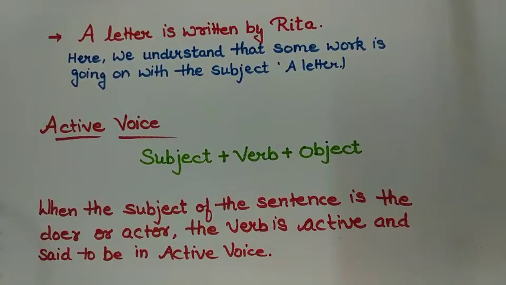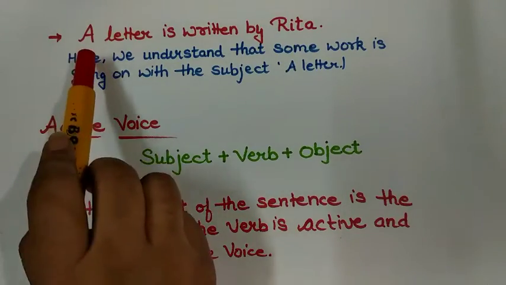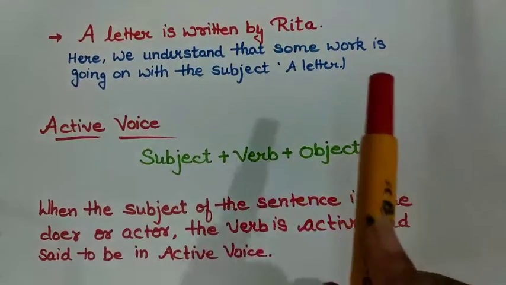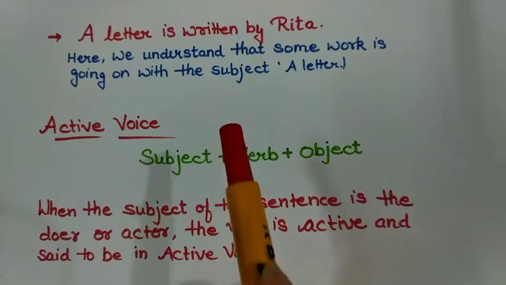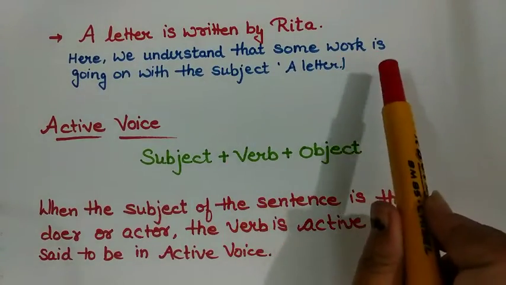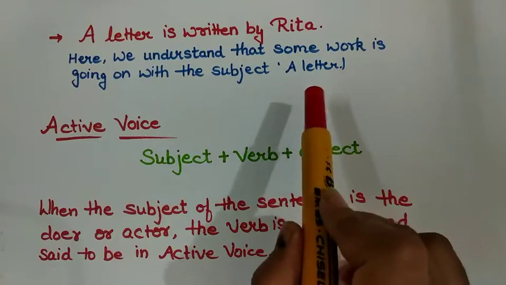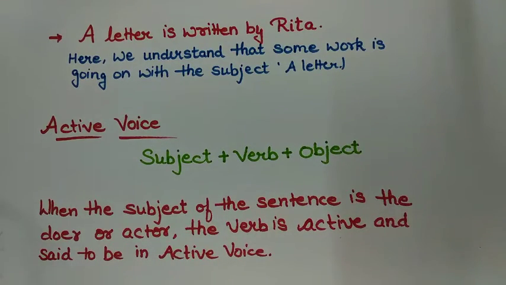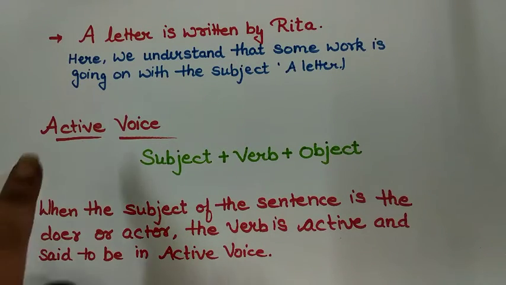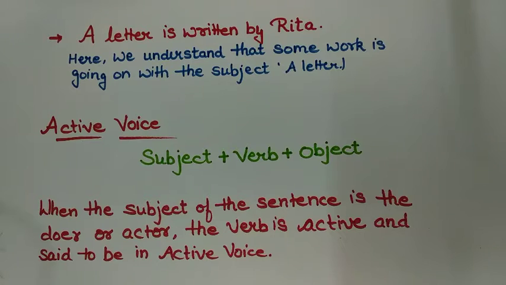Now, if I say a letter is written by Rita, here we understand that some work is going on with the subject, a letter, right? So, when we know that voice is a form of verb which shows whether the subject acts or is acted upon, let us try to understand active voice first.